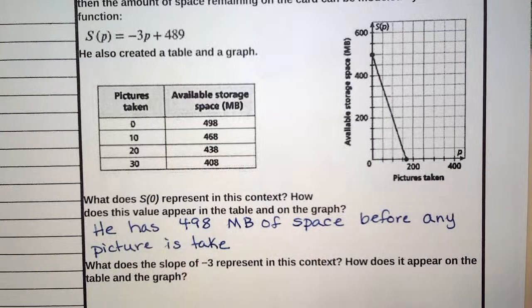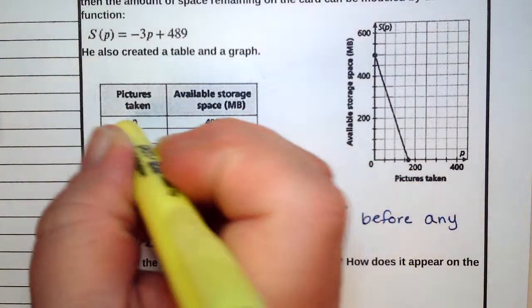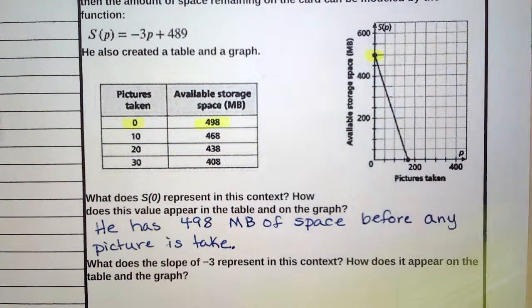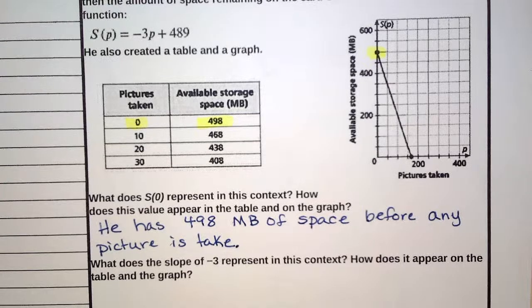So how does this value appear on the table? Well, on the table, it's where the number of pictures is 0. And on the graph, it's up here where you're at 0. It shows the total amount you can take.